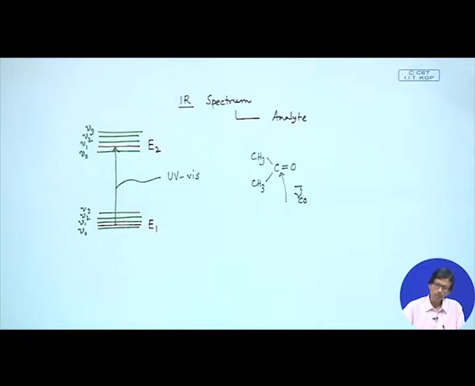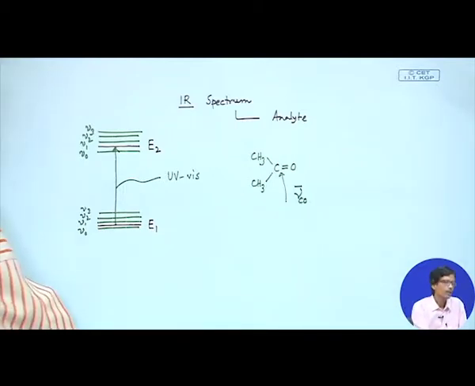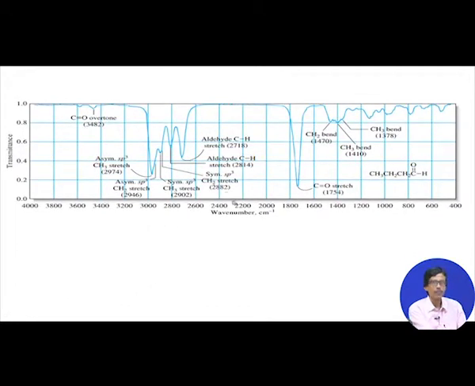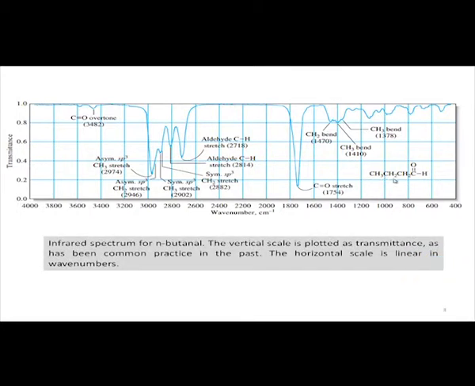For other types of molecules, one such example is the butanal molecule, which is CH3CH2CH2CHO.